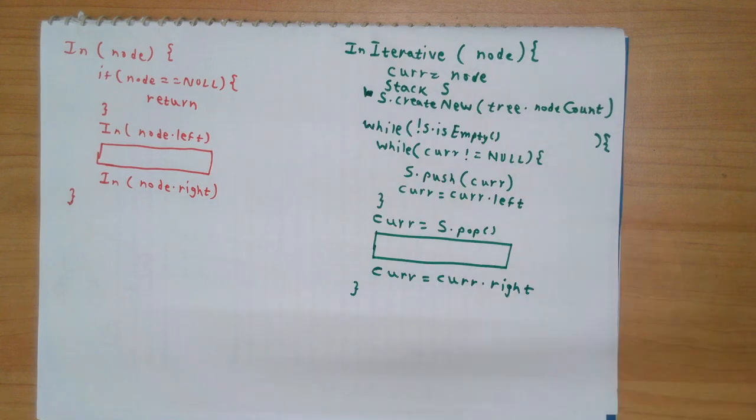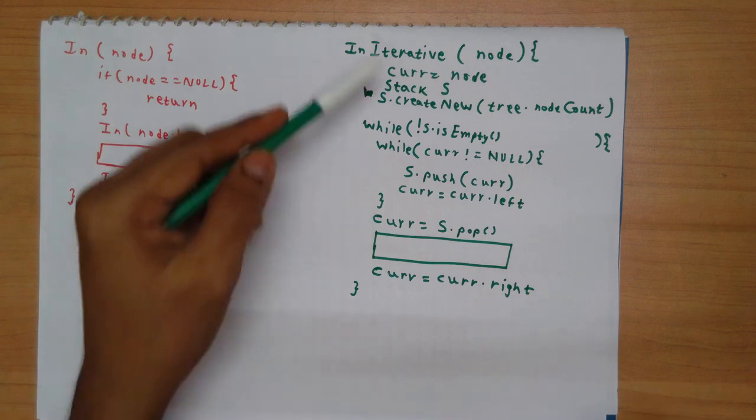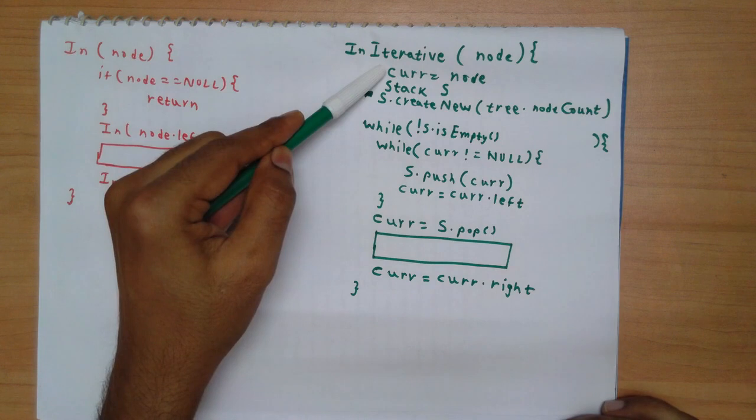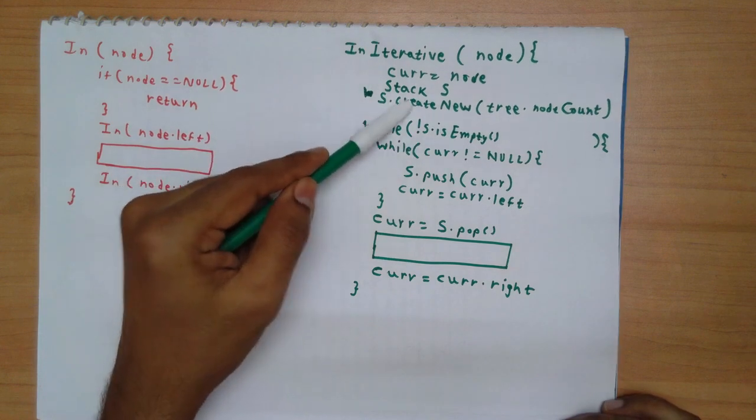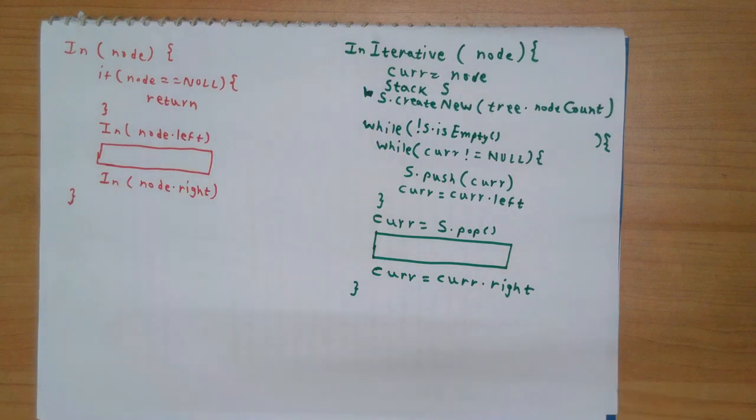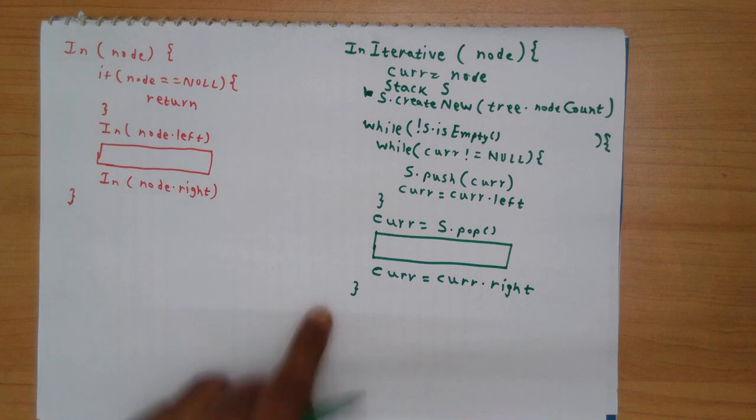So while my stack is not empty, or there is something else. What is it? When I begin, at that time my stack is empty, I have created it, but I'm starting with my first node, my root node. In that case also I should enter the loop.